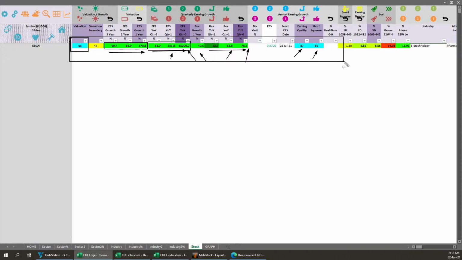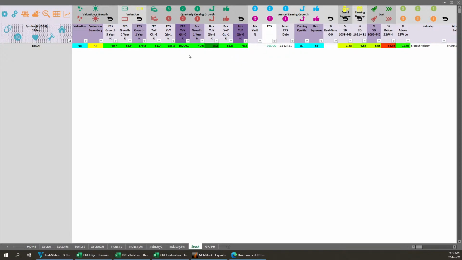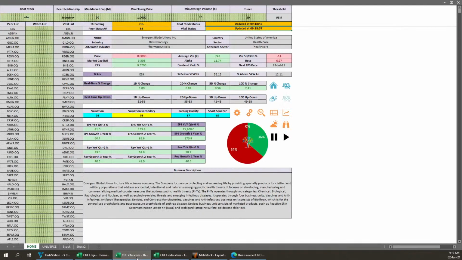In the last webinar also I mentioned there are healthcare stocks like this. Difficult to find better fundamental stocks than that. EBS is one more stock like that. Yes, it has come now in the scorecard. We can see great valuation, earnings growth, revenue growth, earnings quality, short squeeze potential.